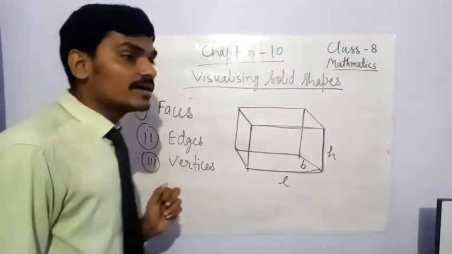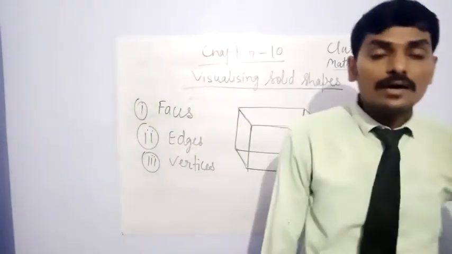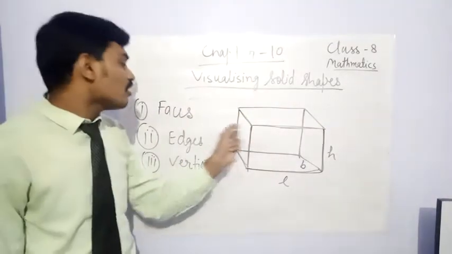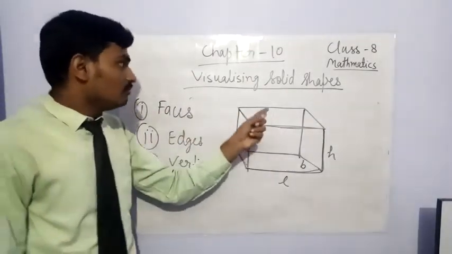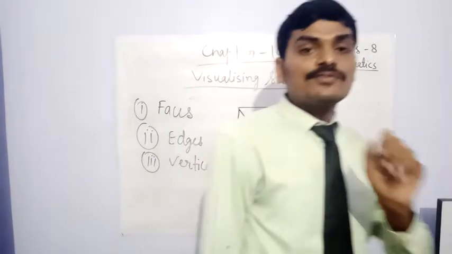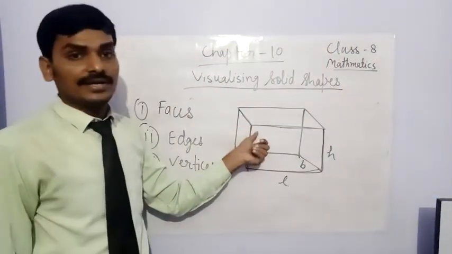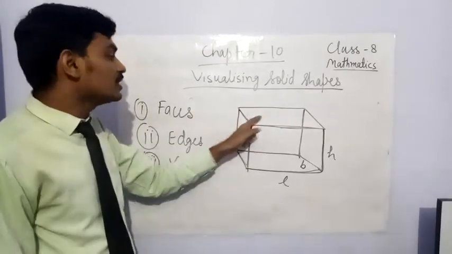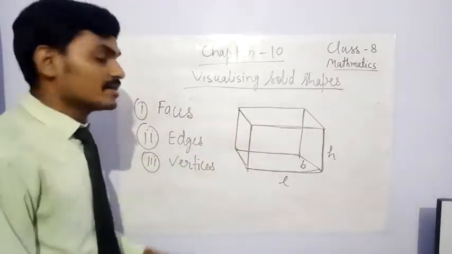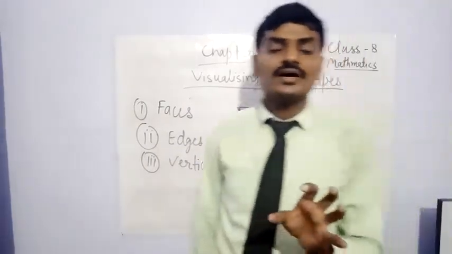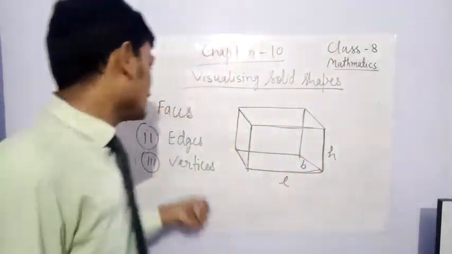Now what are the vertices? The meeting point of the corners of the cuboid, where the faces meet, is known as the vertices. The corner of a three-dimensional figure is known as the vertices.